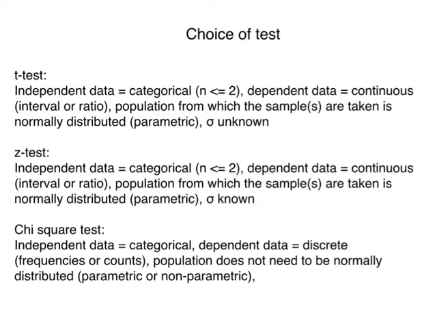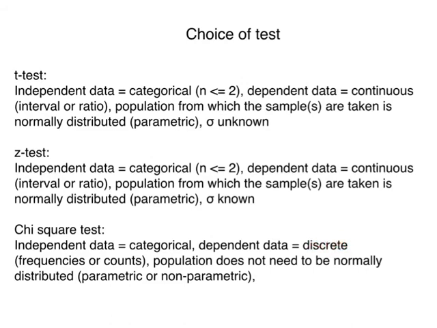In contrast to these tests, where we use continuous data as the dependent observation, we have the chi-square test. And in the chi-square test, our independent data are again categorical. They don't need to be restricted to 2 categories. They can be more. That's absolutely no problem. The dependent data, the observations that we make, these are actually discrete data.